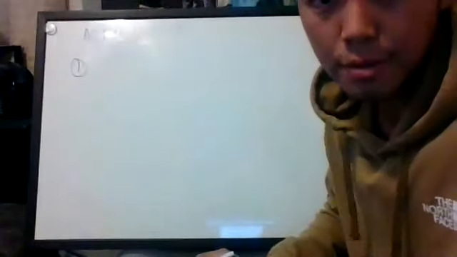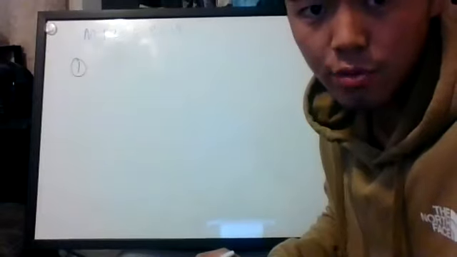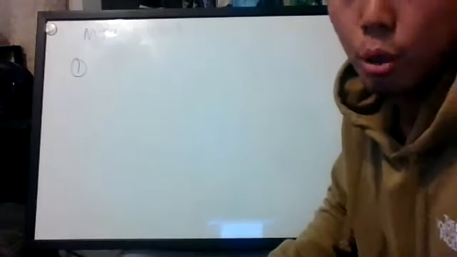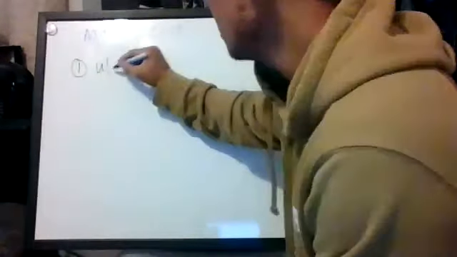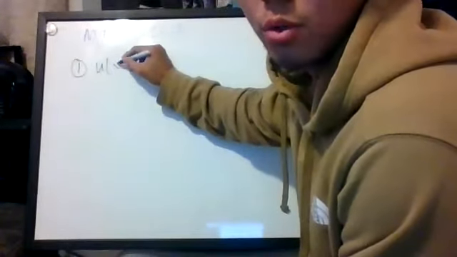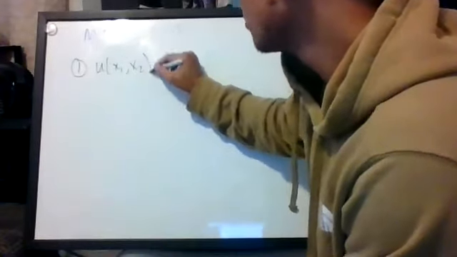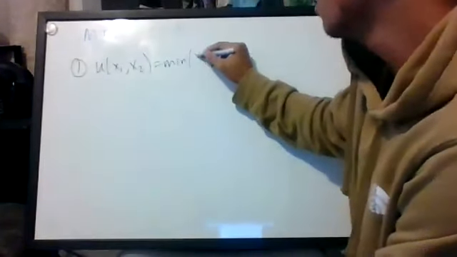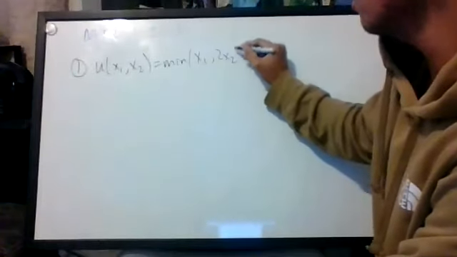is asking us about the substitution and income effect for a perfect complement situation. So utility of x1, x2 is equal to the min of x1 and 2x2, right?